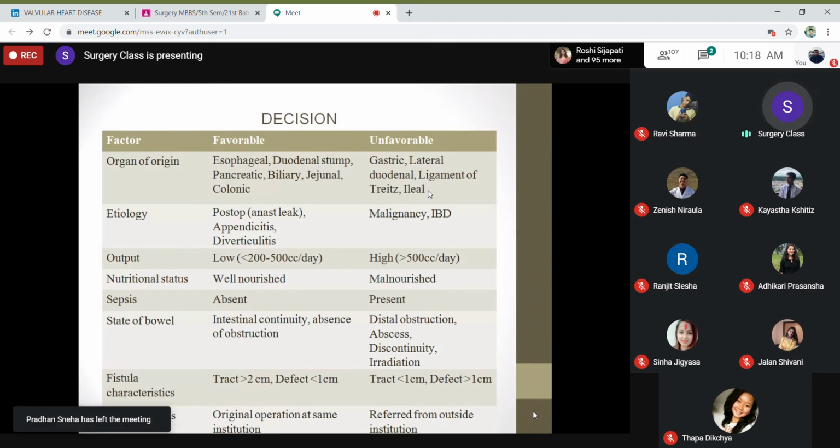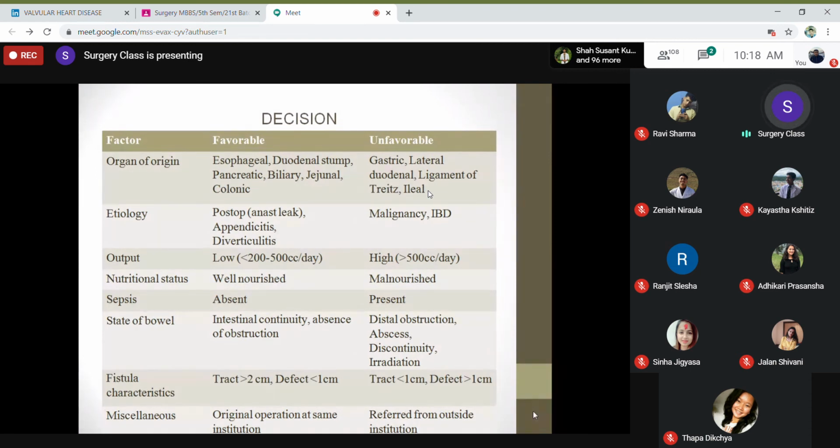So the decision depends on the site of the fistula. I will not go into that. The only thing is that in the 6th point there is distal obstruction. Output I have already told you: the favorable one is a low output fistula, unfavorable is a high output fistula, for the patient and for the doctor also.